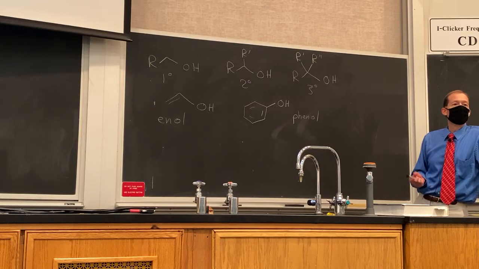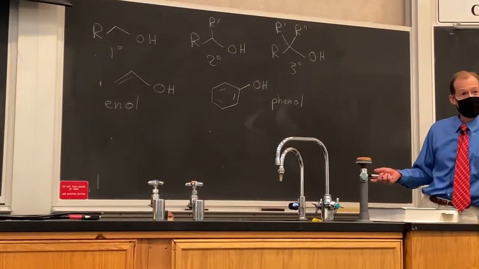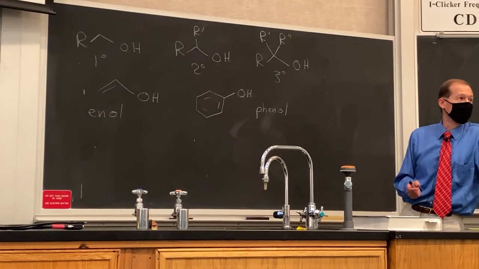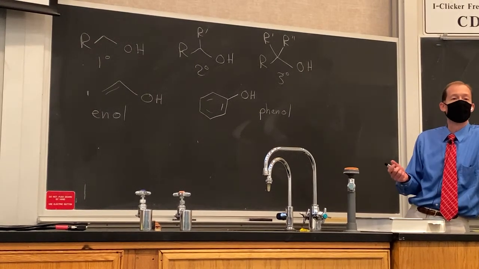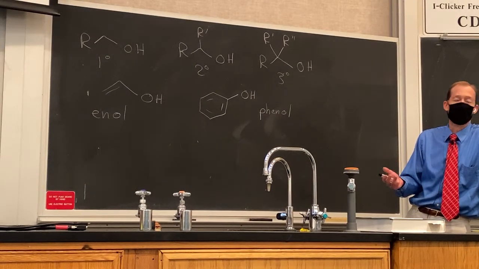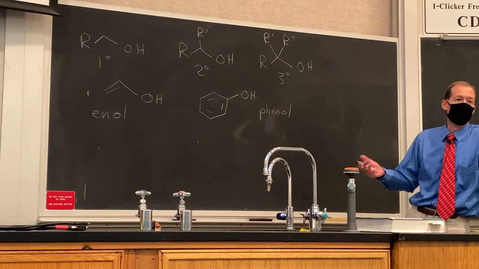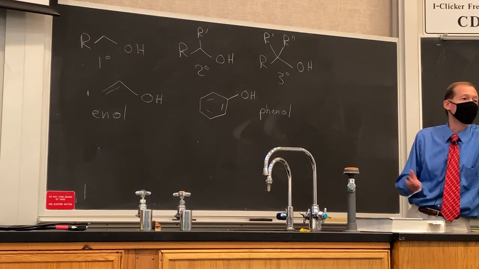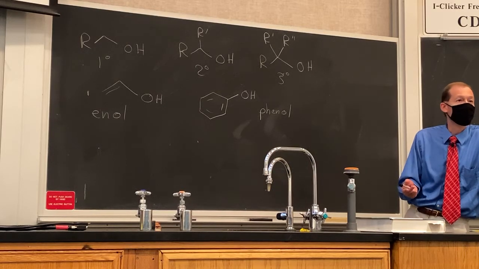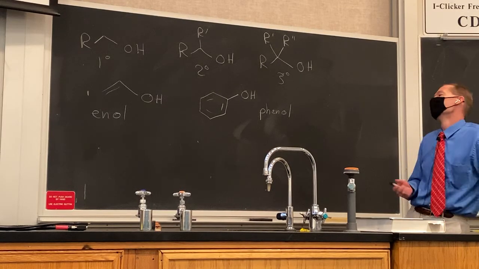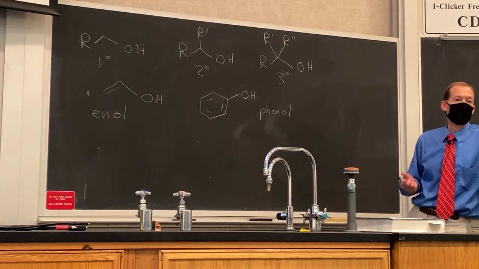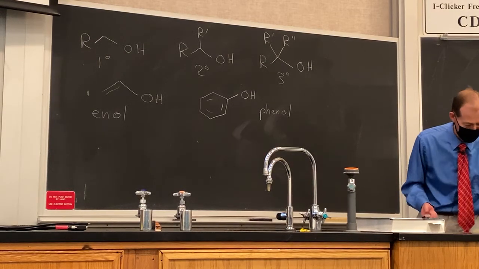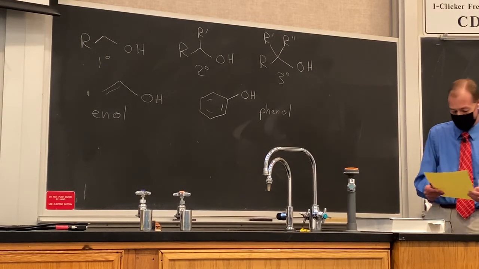We're not going to learn about enols and phenols in this chapter because, much like vinyl halides and aryl halides, they have different reactivity than normal alcohols. So we'll learn about enols and phenols in 352M. We'll cover their chemistry next semester. But we do want to know the structures and what they're called at this point.